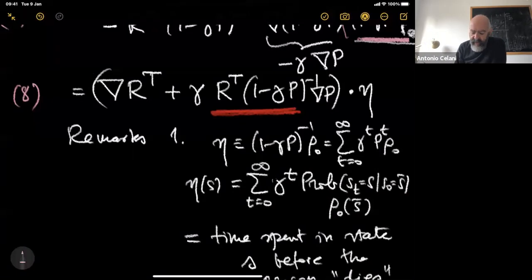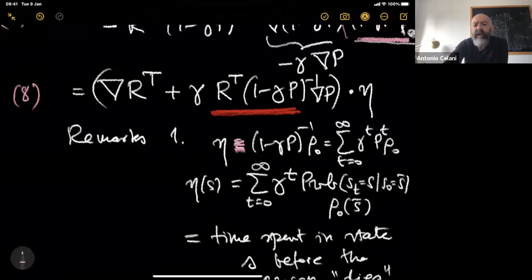This is the definition, but this step here is just unrolling again the inverse in terms of a geometric sum. And then we are tracing our steps back and we remember that p to the power t is just the probability of going from the initial state to the state at time t.